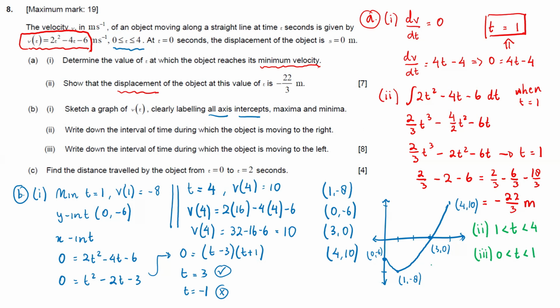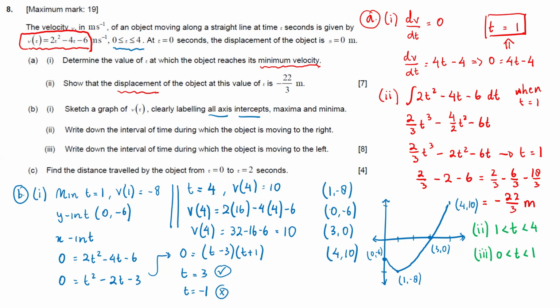Next question. Find the distance traveled by the object from t equals 0 to t equals 2 seconds. Remember, when we talk about distance before, it's the integral of the velocity. Since we know it's between 0 and 2 seconds, it's a definite integral between 0 and 2.